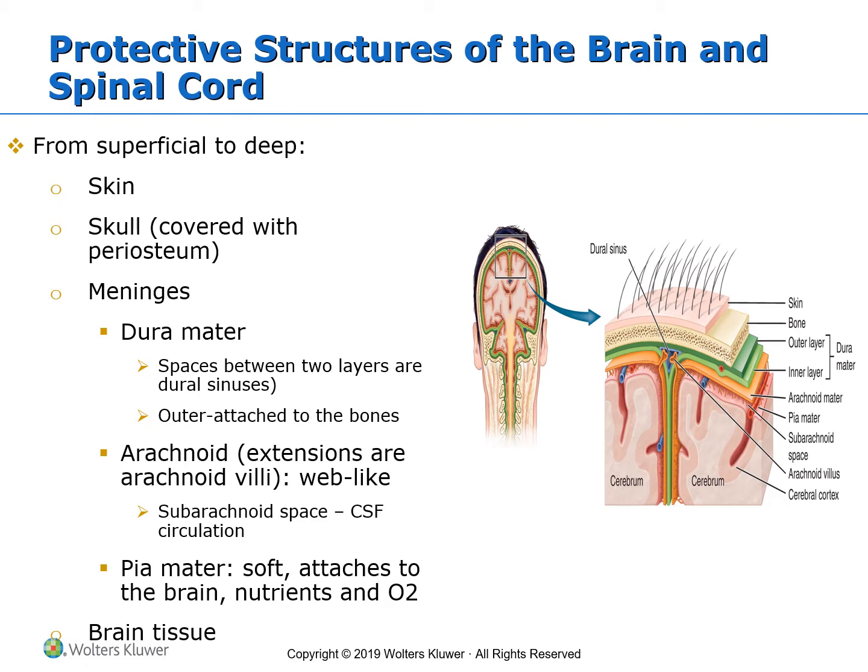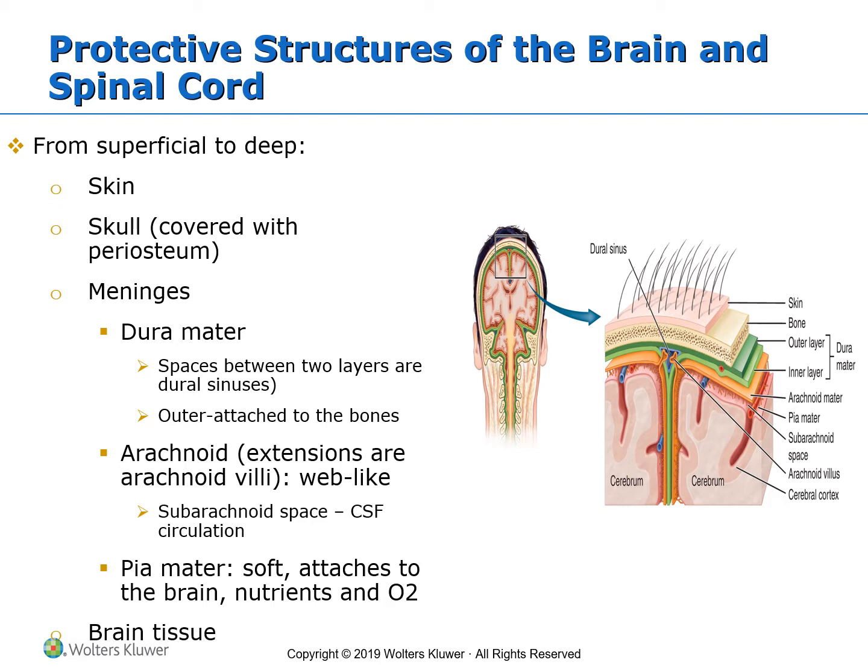Immediately under the skin, we have the skull bones. Every bone is covered by a thick membrane called the periosteum. It is especially thick in the skull bones, and there is a tight attachment between the skin and the periosteum, with a quite rich vascular supply at that level.